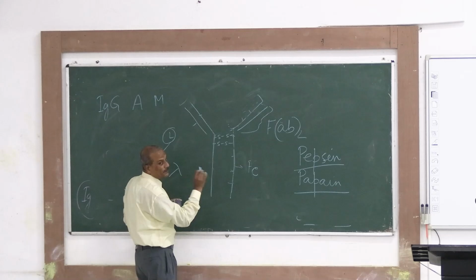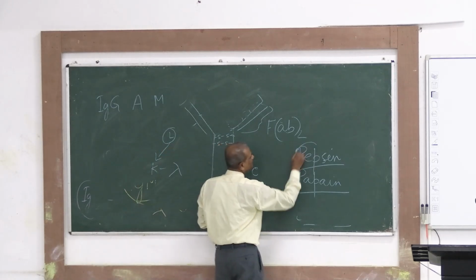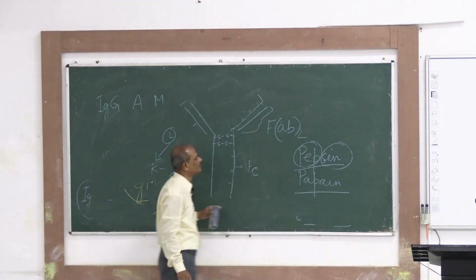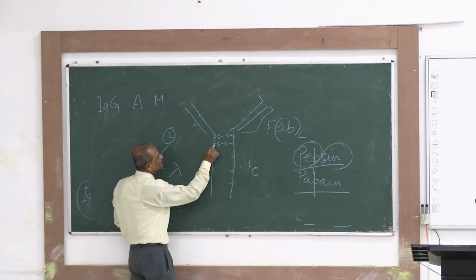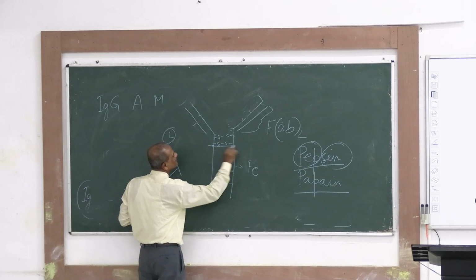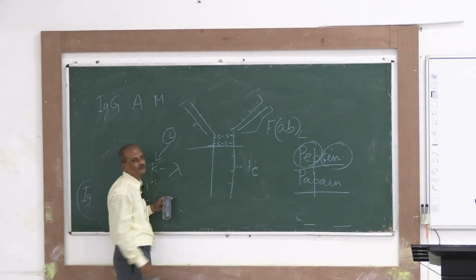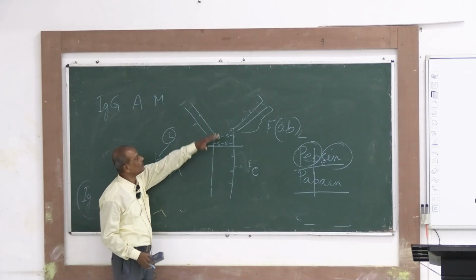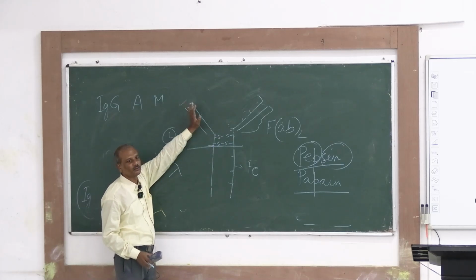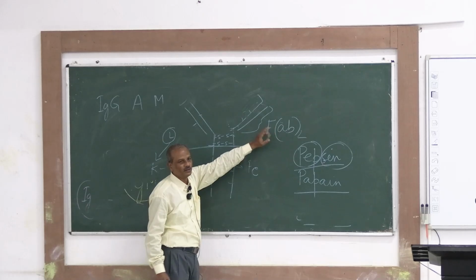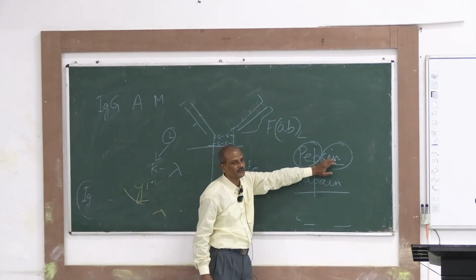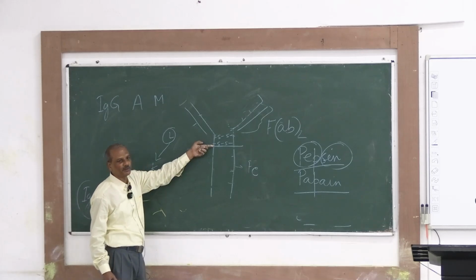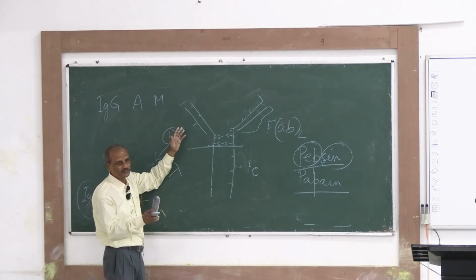So pepsin cleaves here. So you get one FC portion, and one part which has two FAB fragments. So when pepsin cleaves a little below the disulfide bond, it gives two fragments.